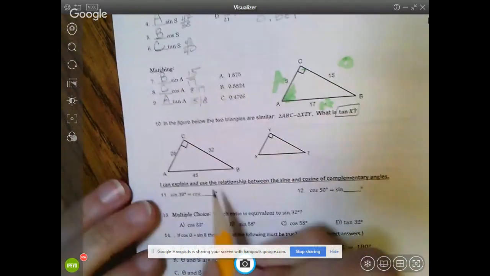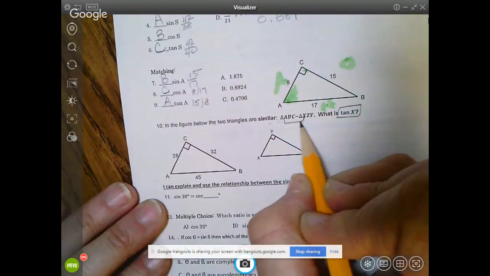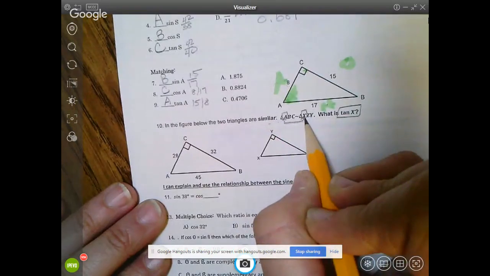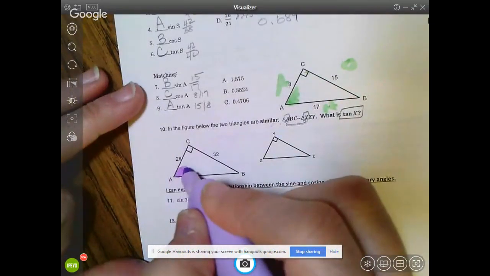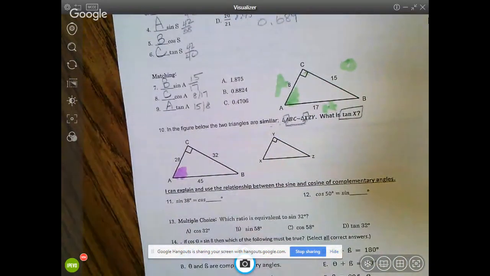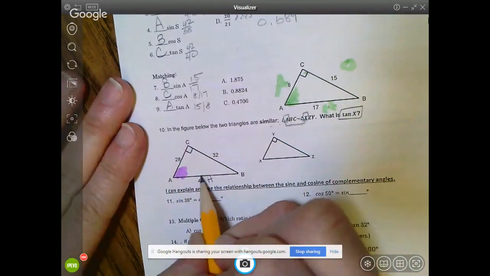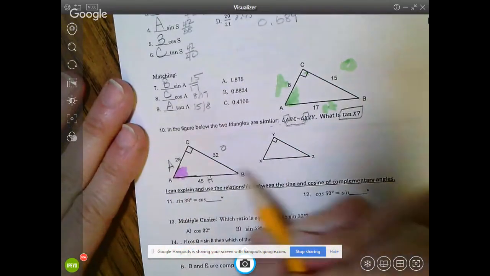So the easiest way to do it is to look, well, angle X matches up with angle A, because A is my first letter in this triangle, so X has to match up with it. So A is now going to be my theta. And it wants to know tan, so I'm going to label it. Here's my right angle, so this is my hypotenuse. Hypotenuse, angle, adjacent, opposite.